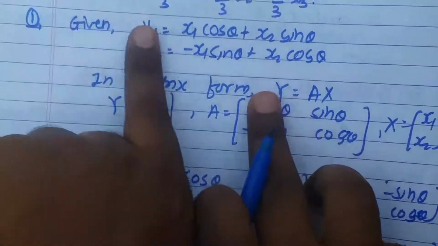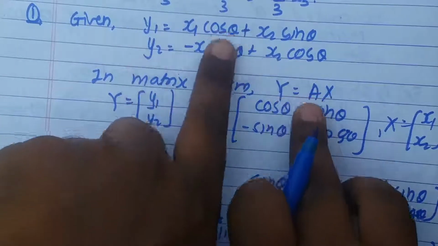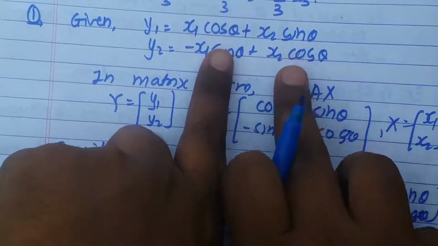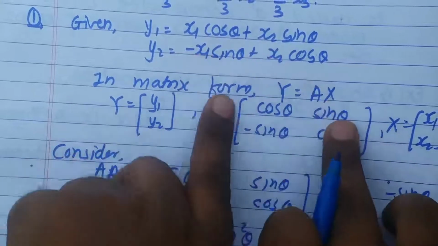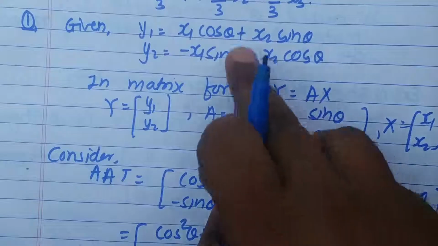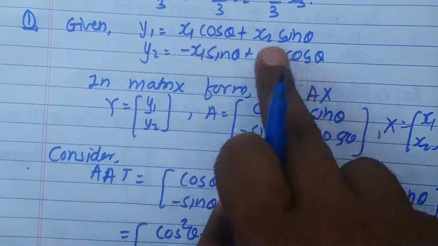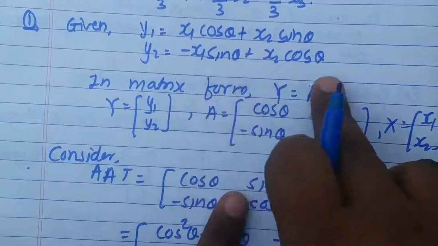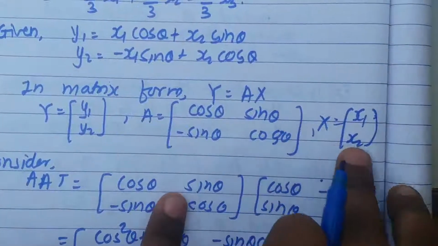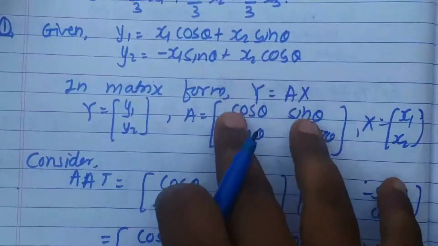On the left we have y, that is y1, y2, and here we have the multiplication of matrix A with x. The value of A is the coefficients of the unknowns x1, x2: first row cos theta, sin theta, second row minus sin theta, cos theta, and x is x1, x2. These are the matrices involved in the linear transformation.